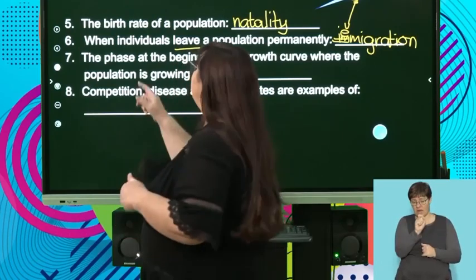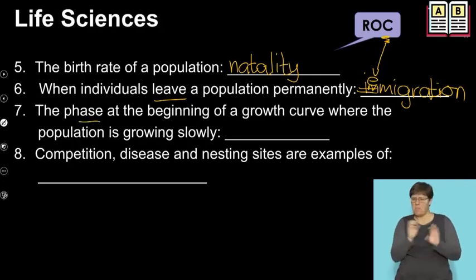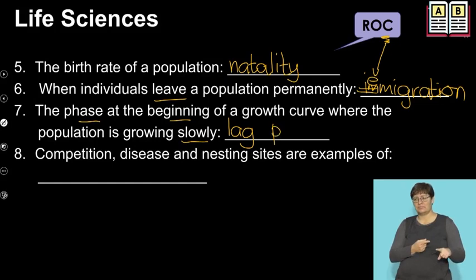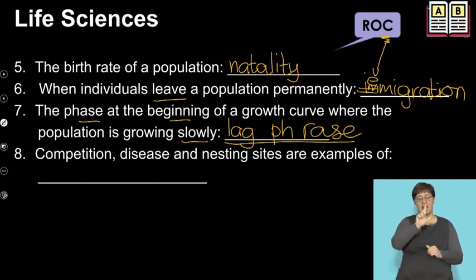Let's move on. The phase at the beginning of a growth curve where the population is growing slowly. Here's another term that consists of two words. So although it's a term, there's two words.